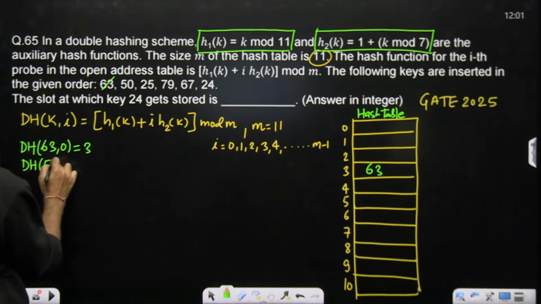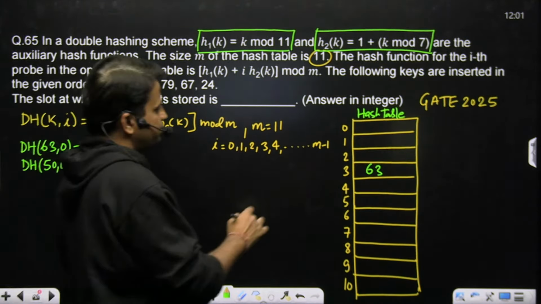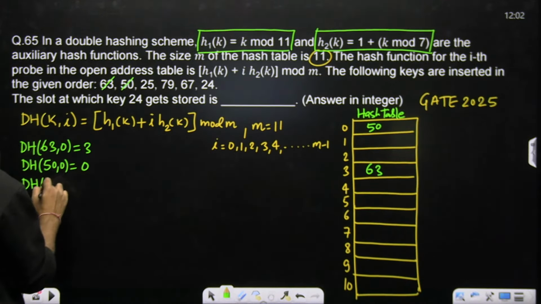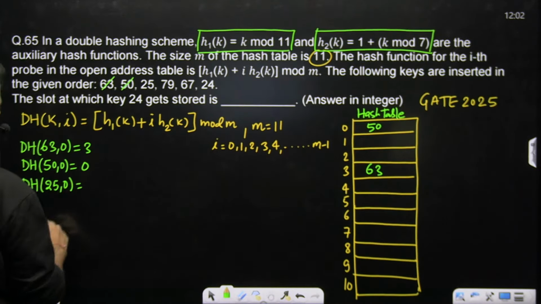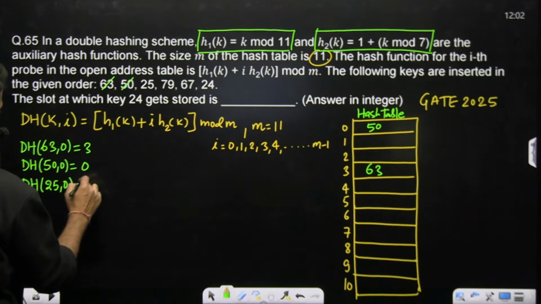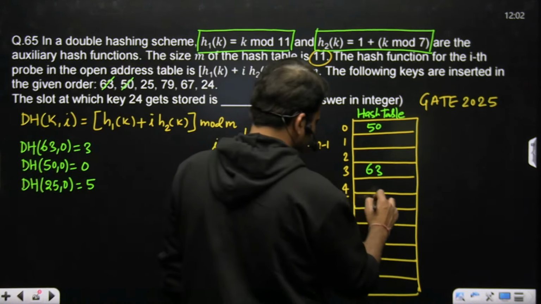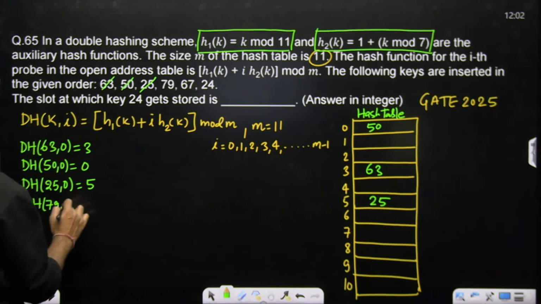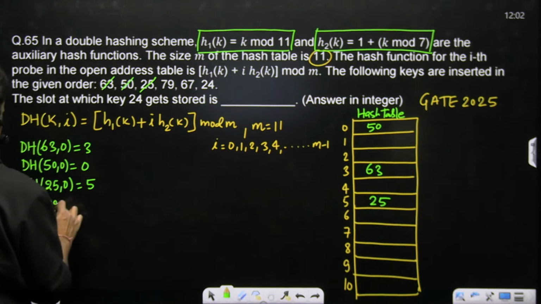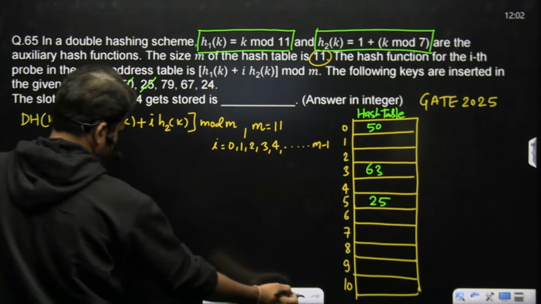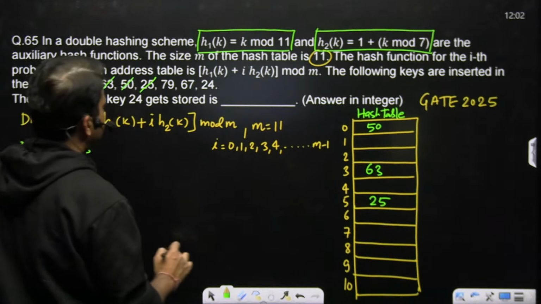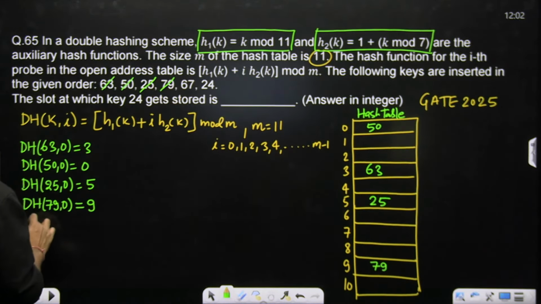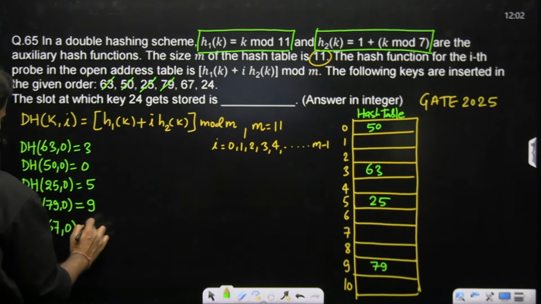Now double hashing, sir, 50,0. 25,0. 79 is stored at this position, whereas double hashing 67,0. So this is 7.